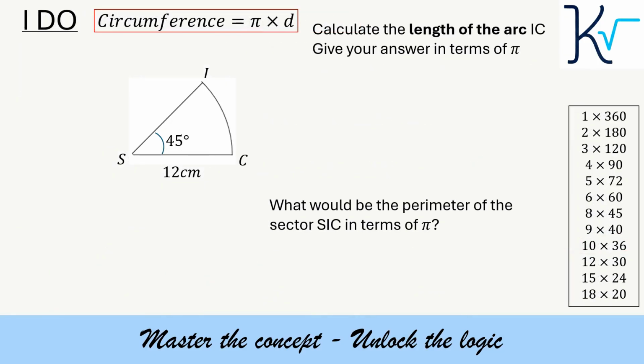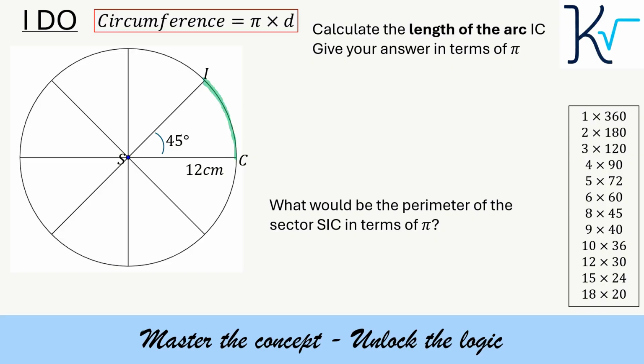Here we have the sector SIC, and in this case we want to find the length of the arc IC. Now an arc is a part of the circumference. The arc IC here is the curved portion of the circumference highlighted in green. Since 45 degrees goes exactly 8 times into 360, we will calculate the whole circumference and then divide our answer by 8.